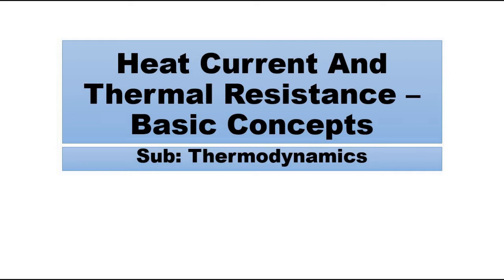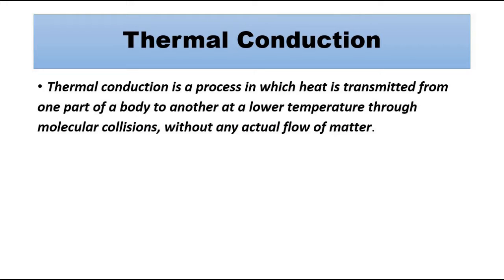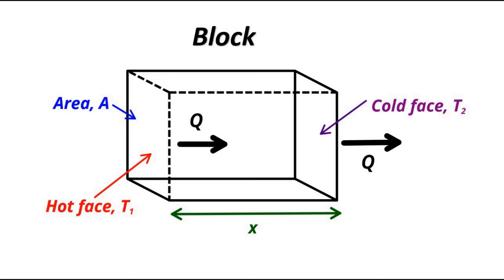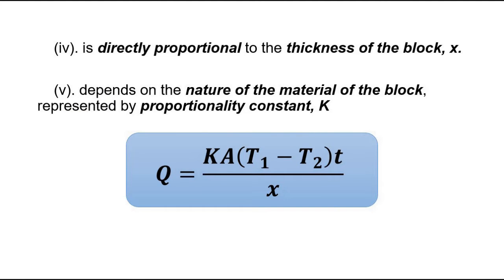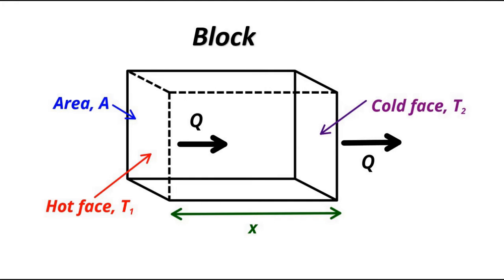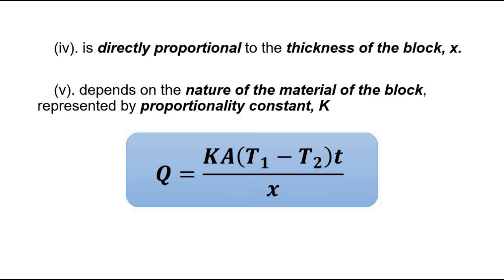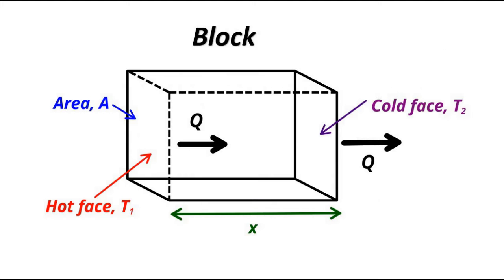So we have already discussed that thermal conduction, that is the amount of heat which flows from one point to another point, can be expressed as this, where it is directly proportional to the area, directly proportional to the temperature difference between the 2 points, directly proportional to the time duration T for which the heat flow takes place, and inversely proportional to the separation distance between the two faces.